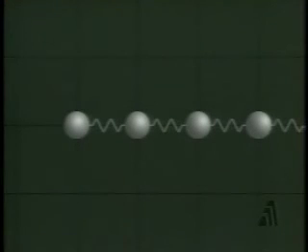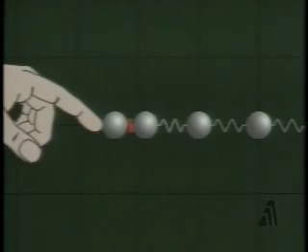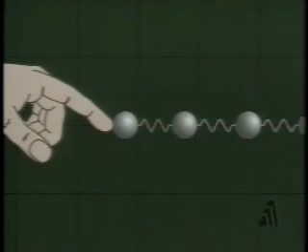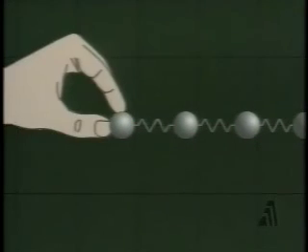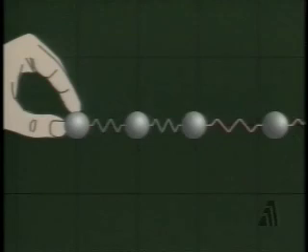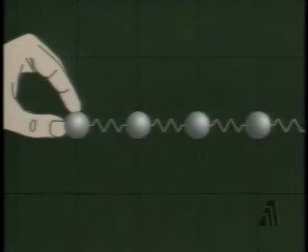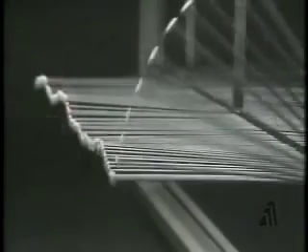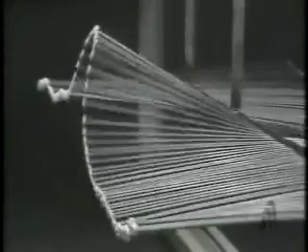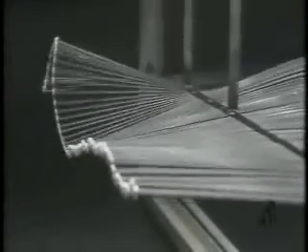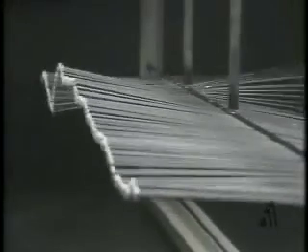But when oscillators are linked, from one to the next and to the next, a disturbance in one passes on to the next and continues on down the line. This is the essence of a mechanical wave. Sometimes individual mechanical oscillators are easy to discern.